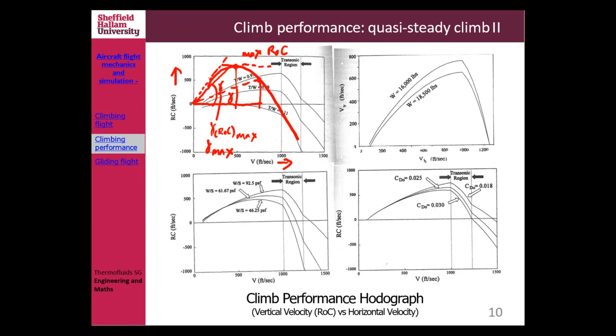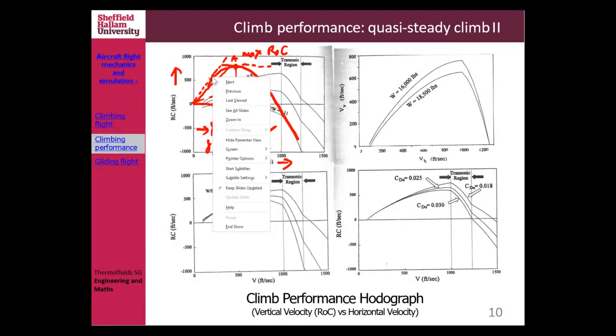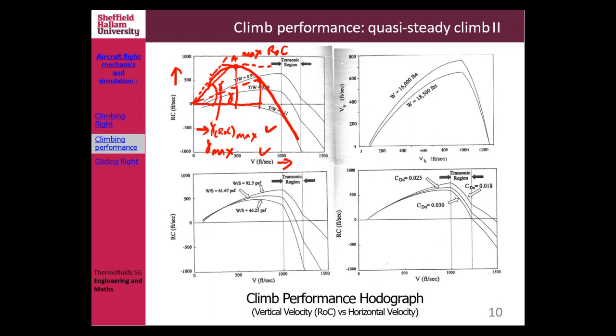I hope you understand the difference between this and this. This is where you have your maximum rate of climb, point A. And this is where you have your maximum gamma, when the slope touches the curve, which is point B there.